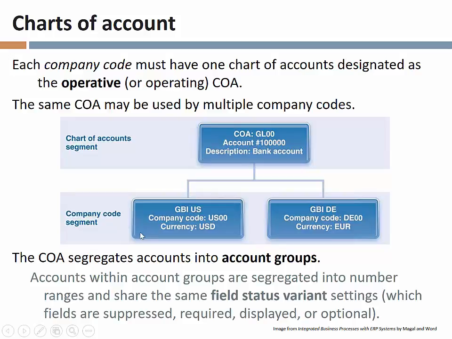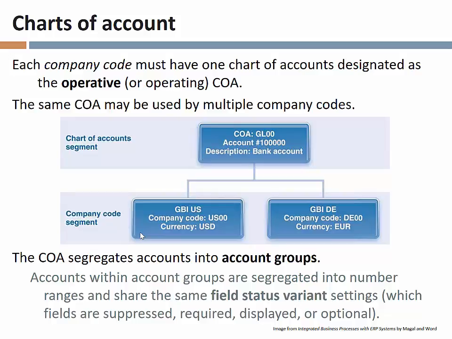What we can do is we can take accounts and we can segregate those into number ranges, put them in the same account groups, and then designate field status variants based on account groups. So note the progression here, and I'll tell you more about what a field status variant is in a moment.